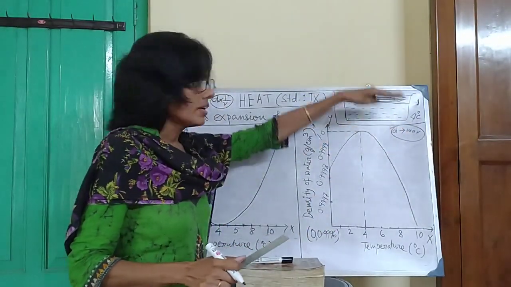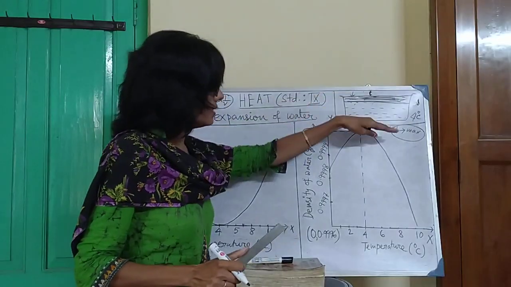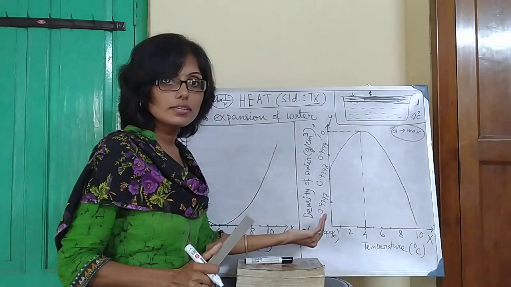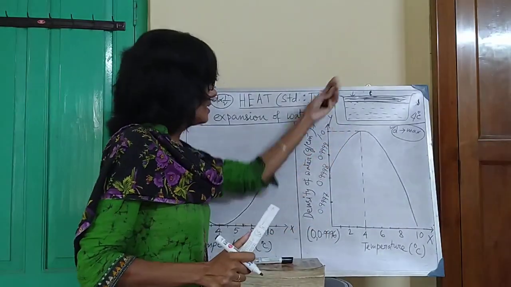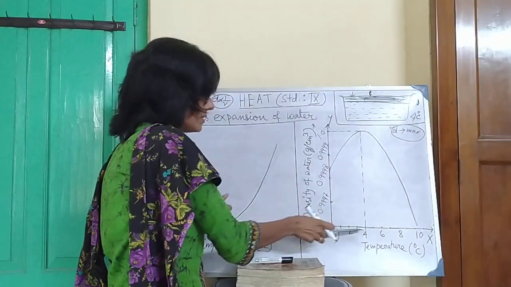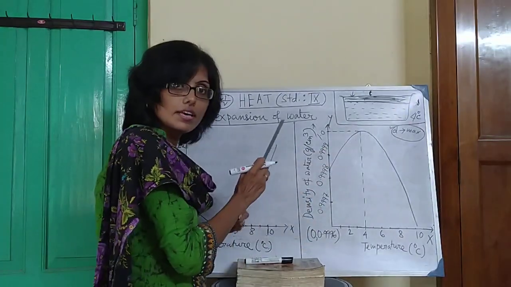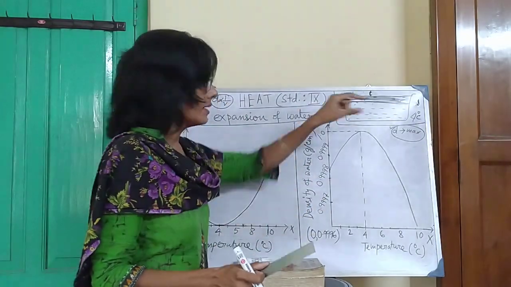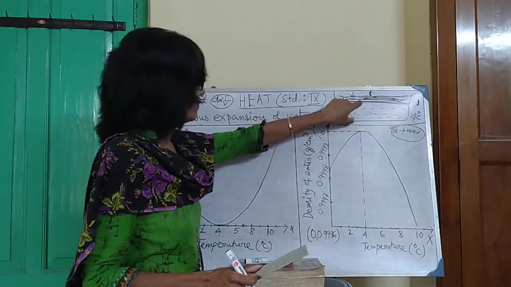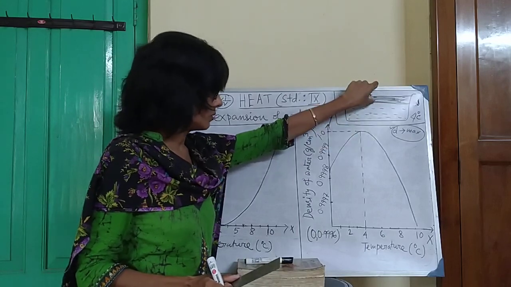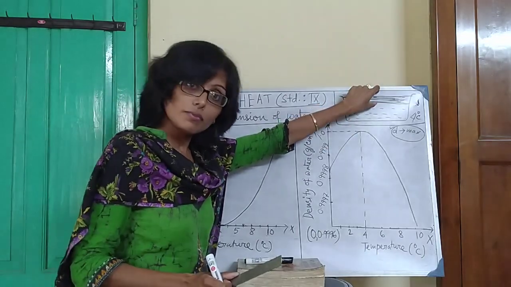If the temperature is again decreased from 4 degrees centigrade to 0 degrees centigrade, its density is in decreasing order from the graph. Temperature decreases, density decreases. If density decreases, it is lighter, but the water at the bottom is heavier than the topmost one, right?